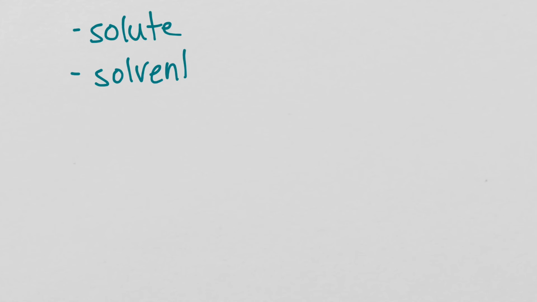Okay, moving on. You also need to know about something called solute. Solute. And you also need to remember about solvent. If you're taking chemistry, these words should sound familiar to you as well. Remember that the solvent is what's doing the dissolving. And in biology, often we are referring to water as the solvent.